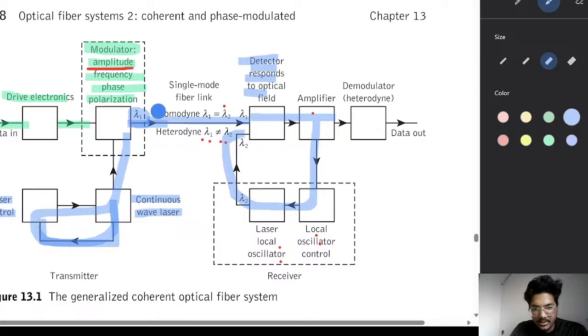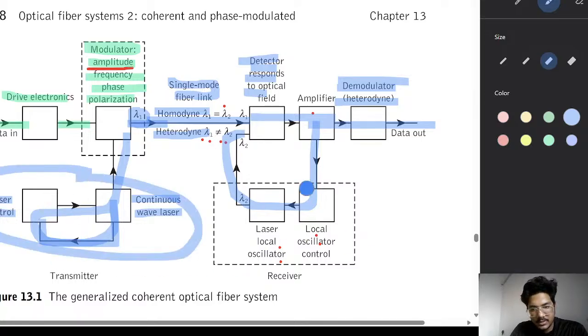If lambda 1 and lambda 2 are equal, then it is homodyne. If lambda 1 and lambda 2 are different, it is heterodyne. A single mode fiber link, amplifier and the demodulator is heterodyne. The data is out. This one is the transmitter, this one is the receiver.